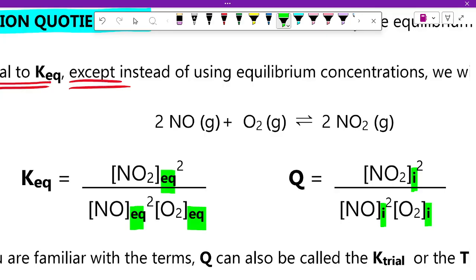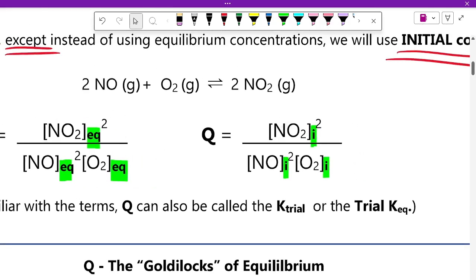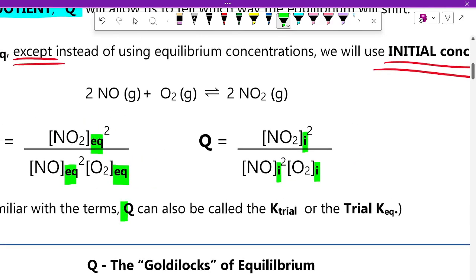You will hear this Q referred to in many ways. Q can be called Ktrial. It's like you're trying out some numbers in the K to see: am I at equilibrium, or do I have too big of a number, or too small of a number? That's why you could also call it the trial KEQ, because you're trying out the numbers. Am I at equilibrium? Is it too small? Is it too big?